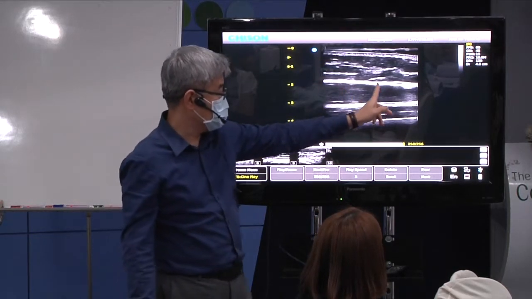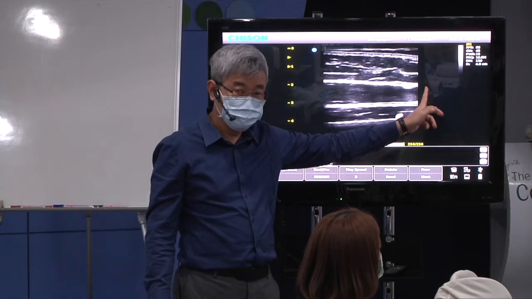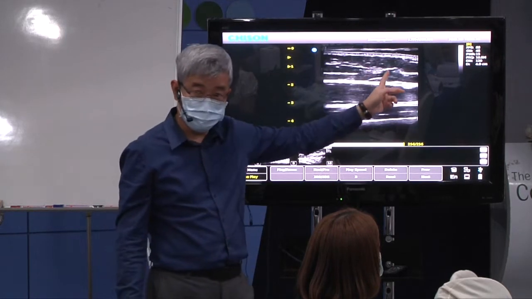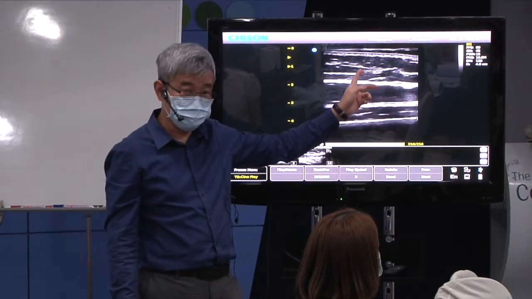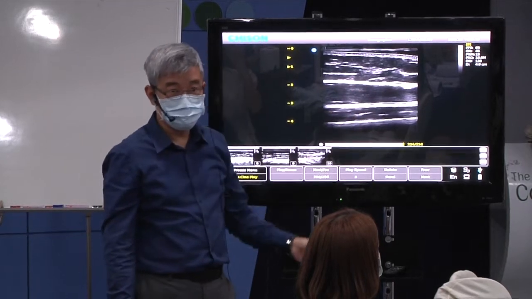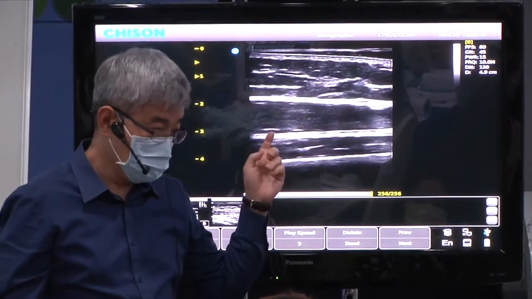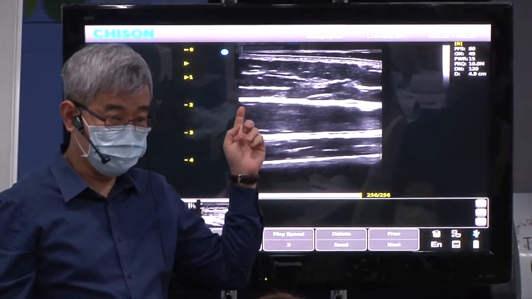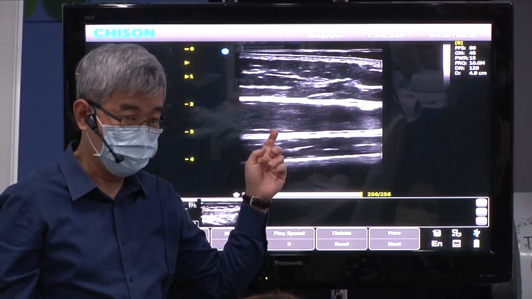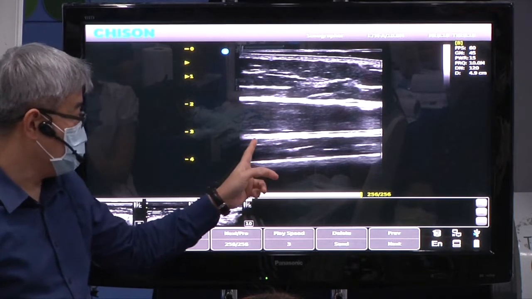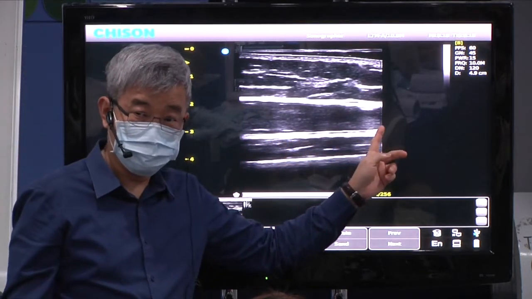Very sharp superficial aponeurosis. I don't really care about the fat, because the fat is usually very bright, which is a sign of long-term disuse atrophy. Very bright, deep aponeurosis.